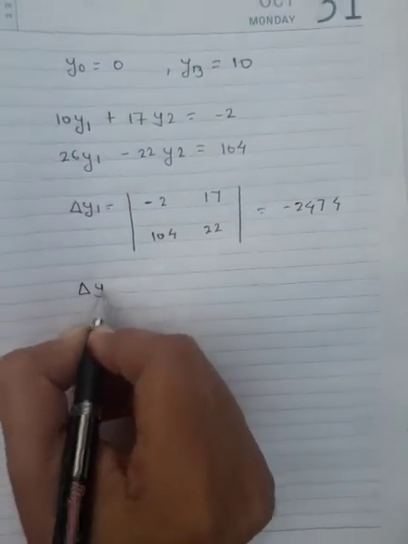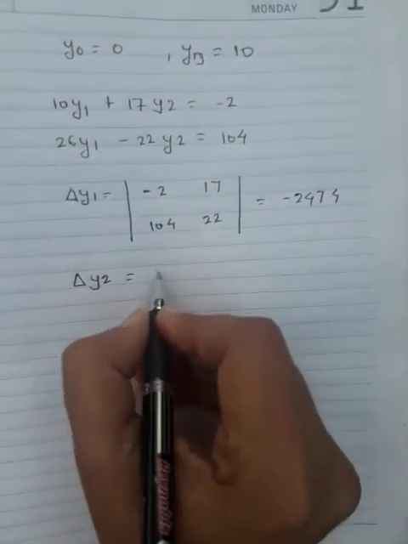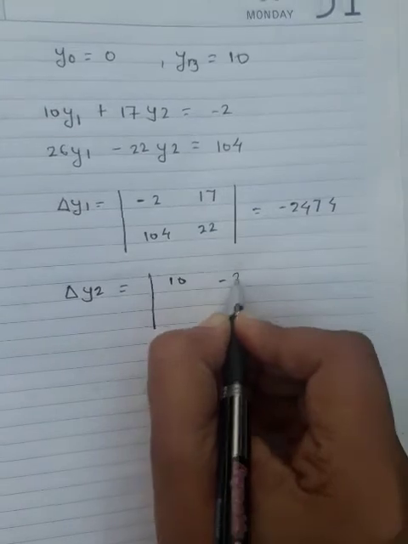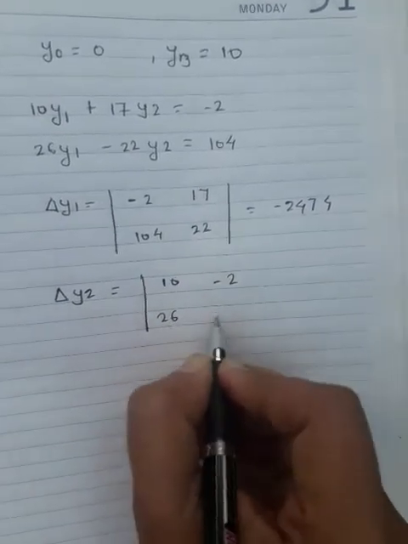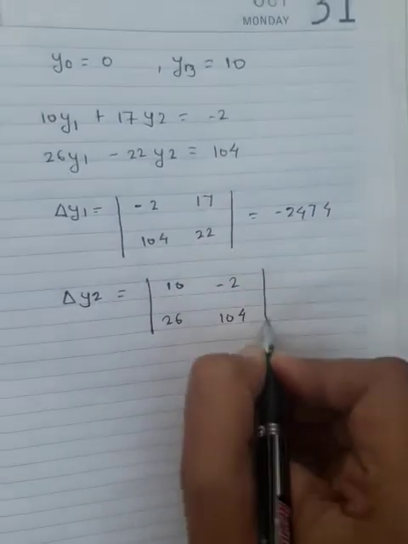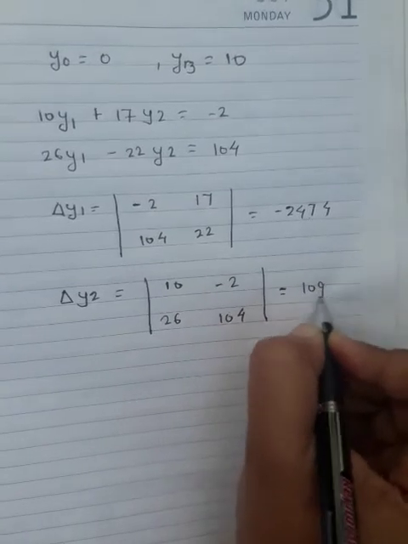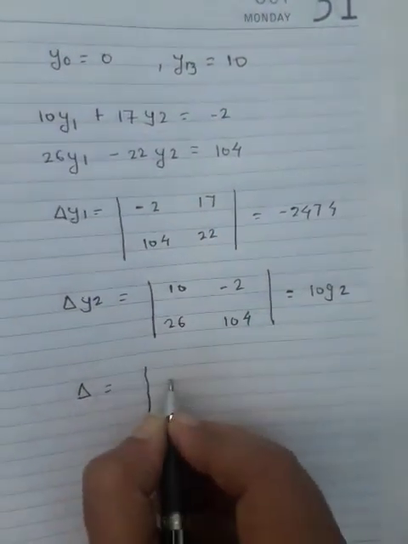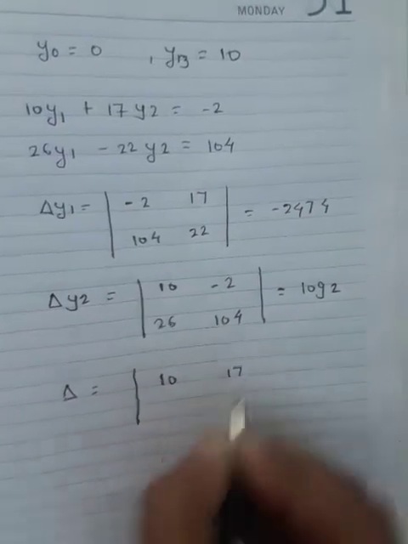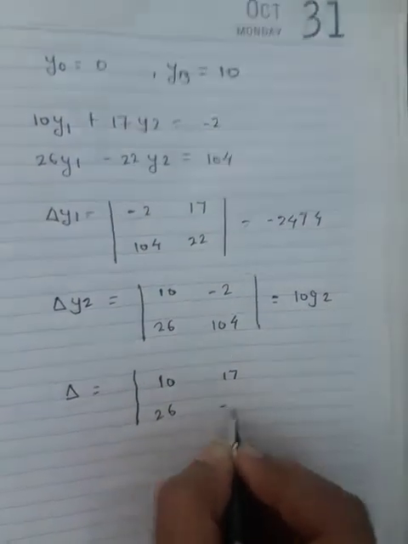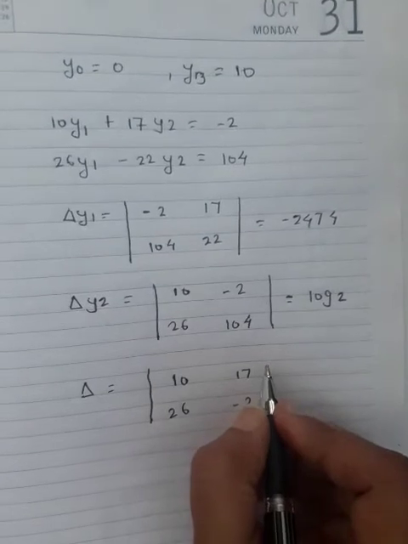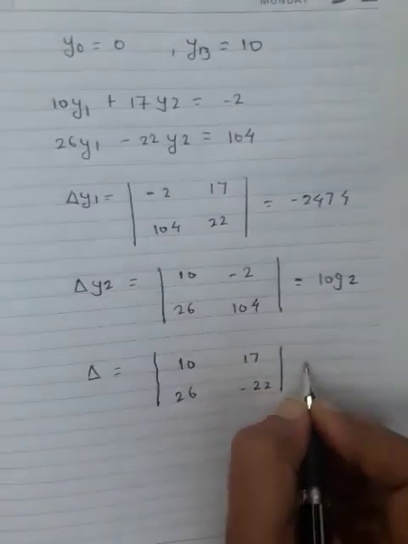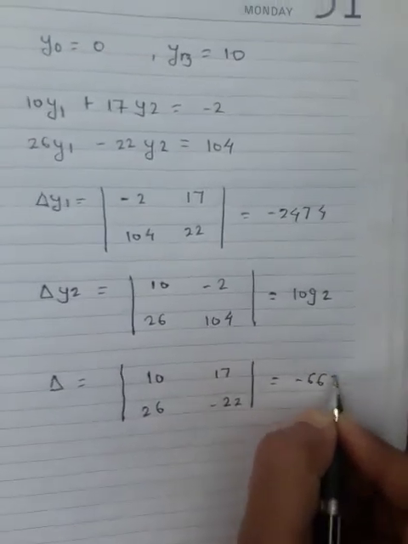Delta y2 is equal to determinant of 10, minus 2, 26, 104, which is equal to 1092, and delta is nothing but determinant of 10, 17, 26, minus 22, which is equal to minus 662.